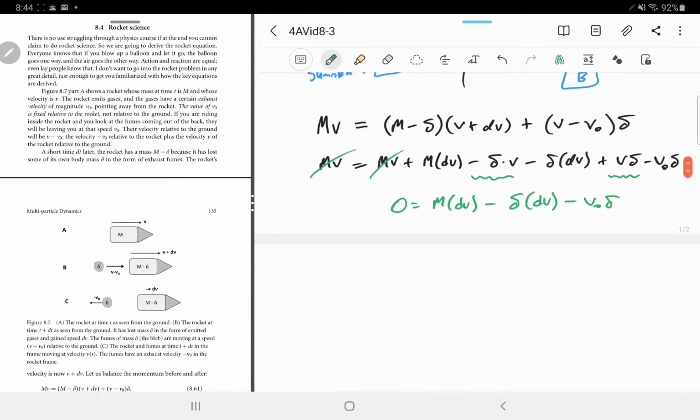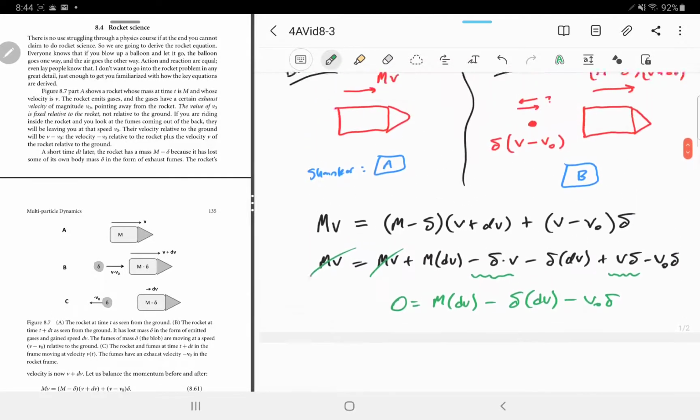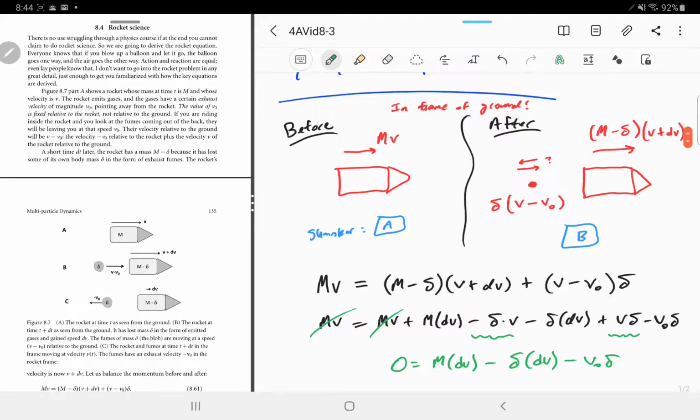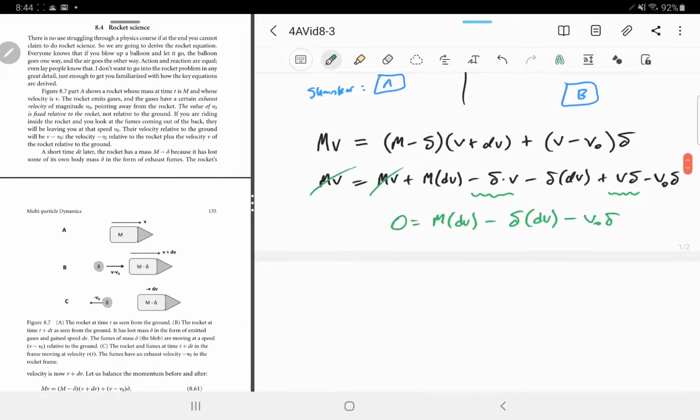Okay, so we're looking at infinitesimals. dv is a very small quantity, or at least in principle, we can eject a very, very small amount of mass that can only impart a small velocity to the rocket. dv is an infinitesimal. And actually, delta is an infinitesimal.